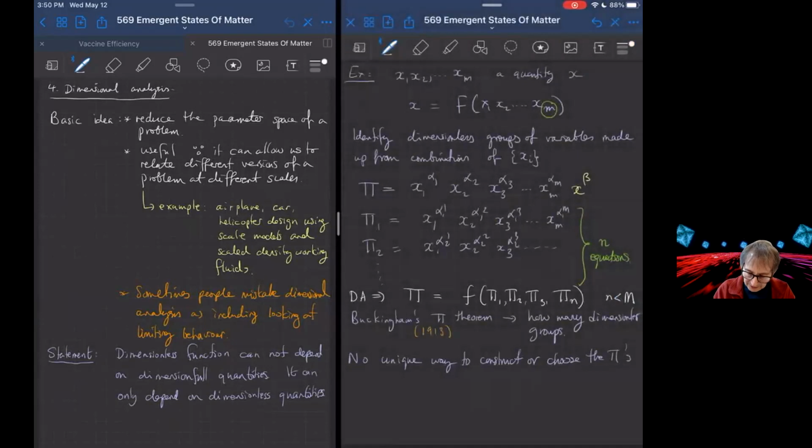But the second step is the one that everybody likes to use, and that is you might say for some physical reason one of these variables might be very small.